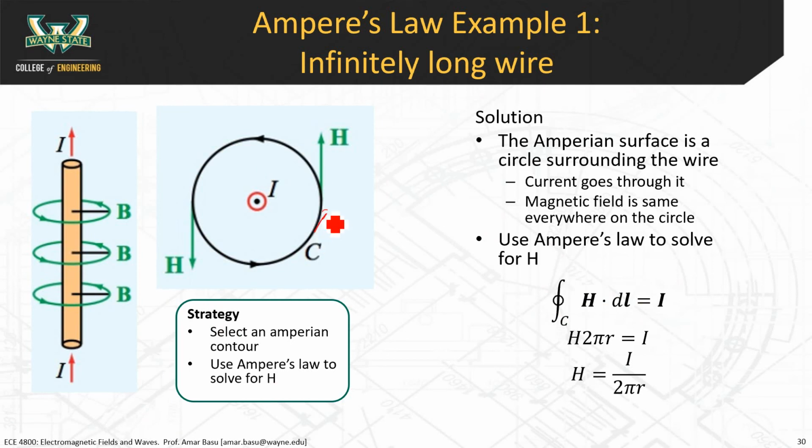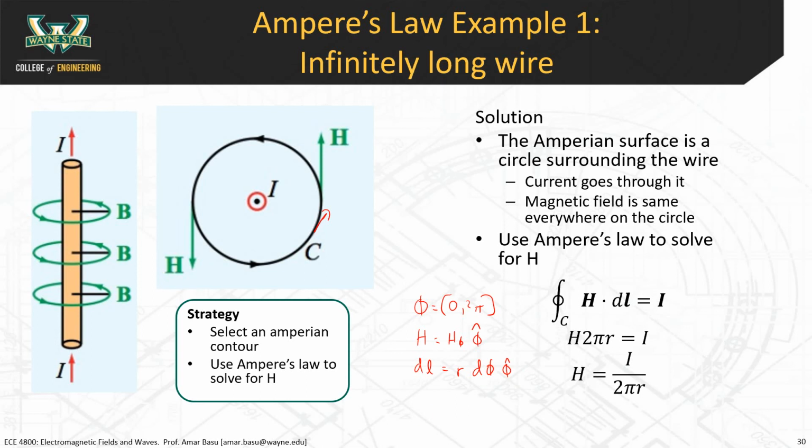We are integrating with phi going from 0 to 2 pi, all the way around the circle. H is equal to H phi, some constant, in the phi hat direction. dl is equal to r, the radius of the circle, times d phi, in the phi hat direction.